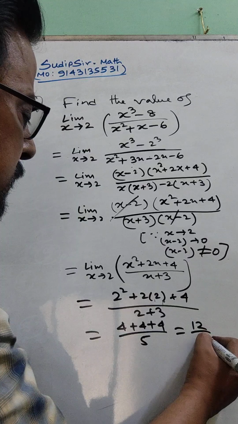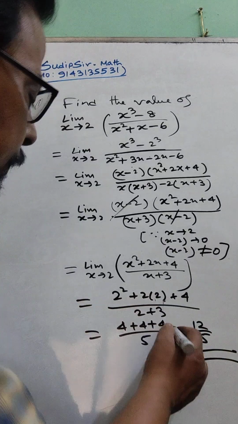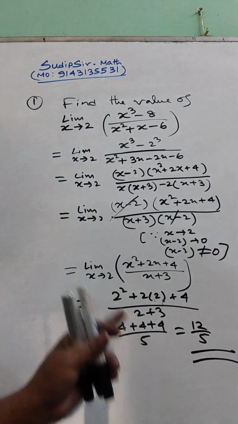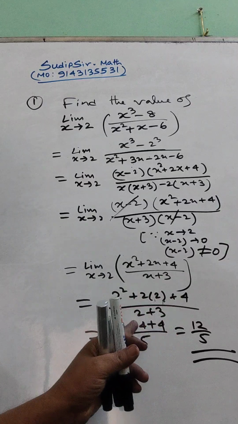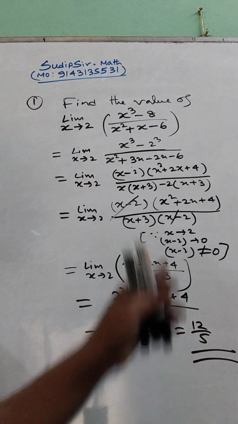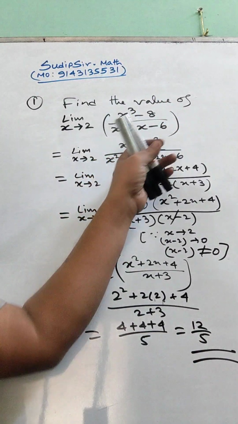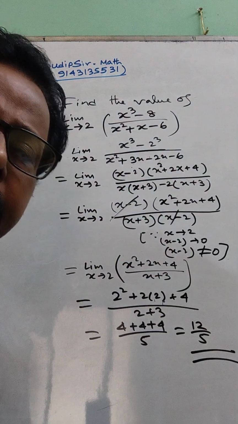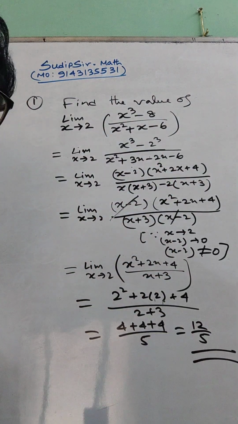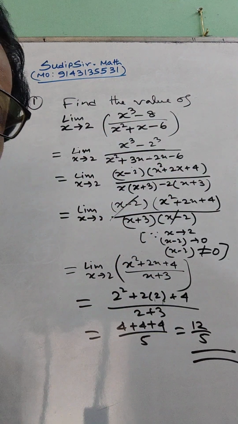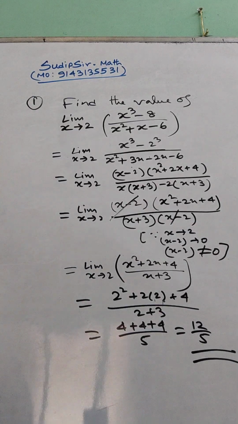So your answer is 12 by 5. So the limiting value of this function is 12 by 5. Clear? Giving another example.